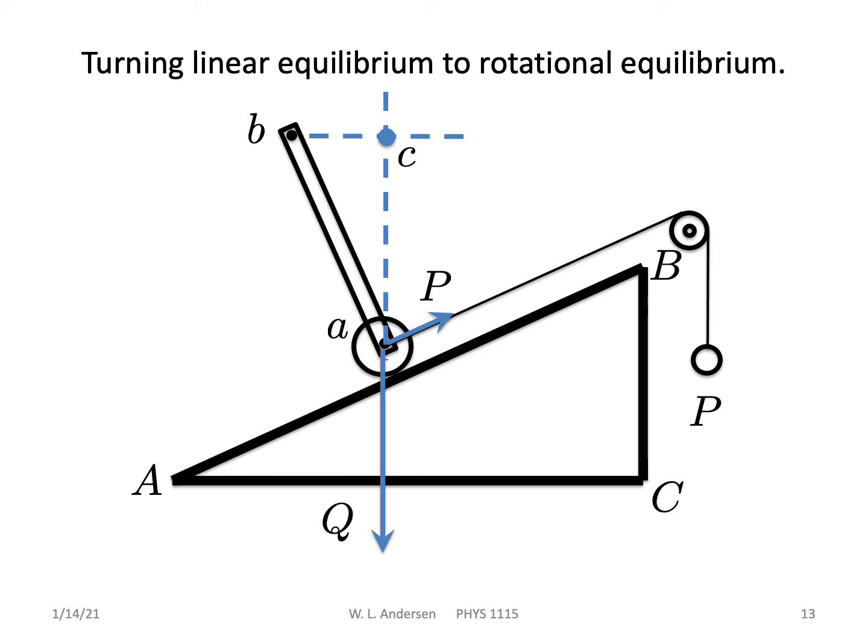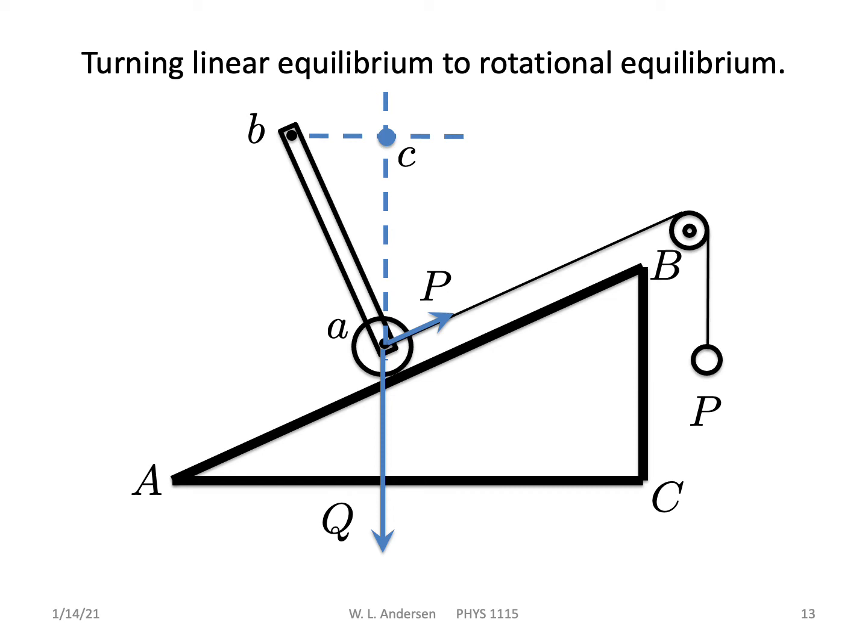Now, in the absence of friction with just the original incline, the sole purpose or effect of the incline is simply to keep the object Q from moving in a direction that's perpendicular to the incline. But now, with the attachment of the rod, little a, little b, that lever itself is capable of preventing that motion.